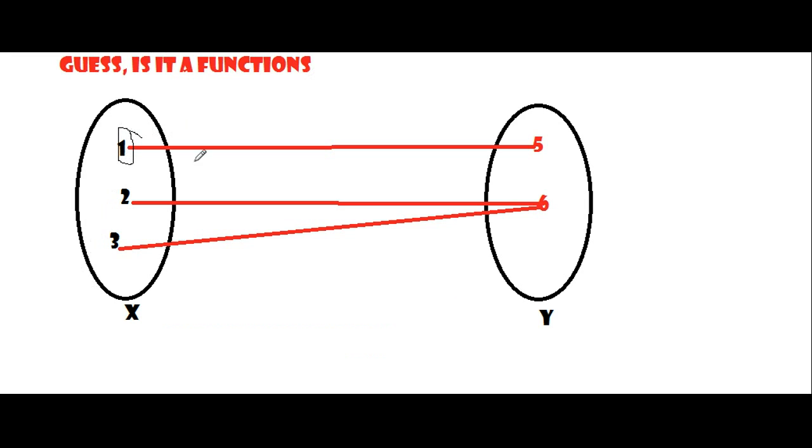1 is mapping into 5, so 1 is associated with only one element of y. Now 2 is mapping into 6, so 2 is associated with only one element of y.